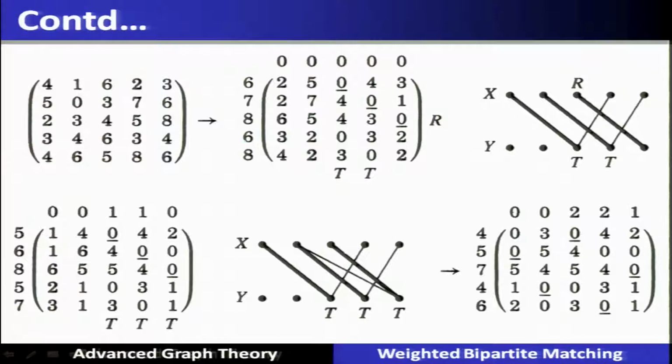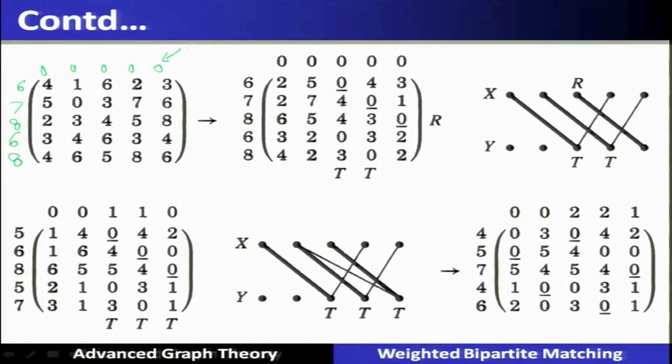So, here in this particular example, let us say this is the KNN and the edge weights are given, and let us initialize in this particular row it is 6, it is 7, then it is 8, then it is 6, then it is 8, and the columns are going to be initialized.